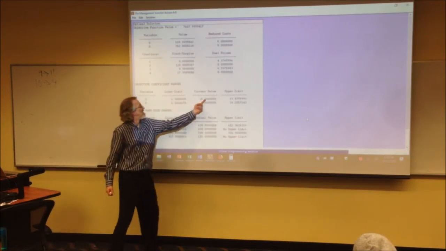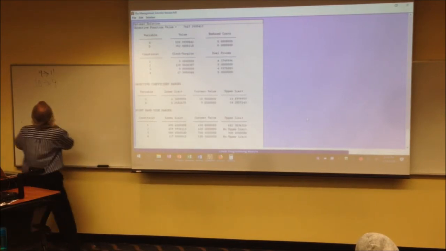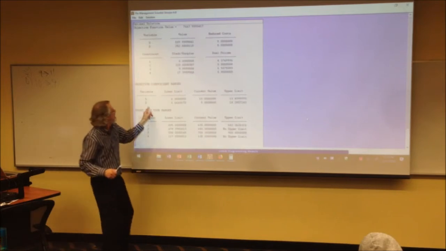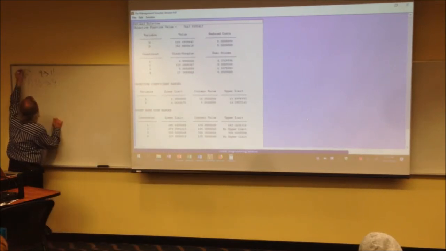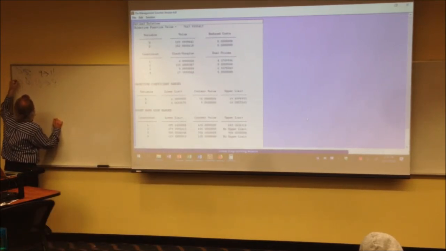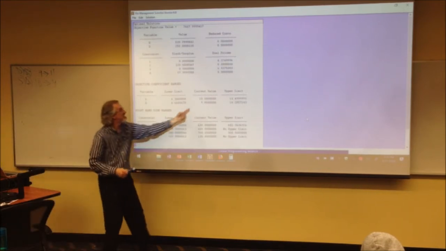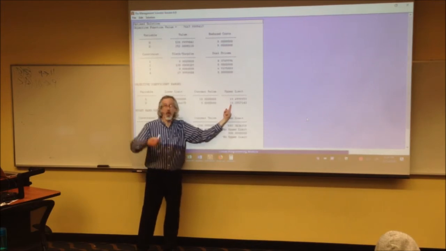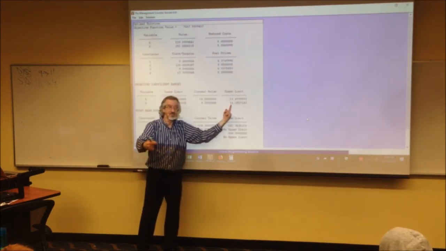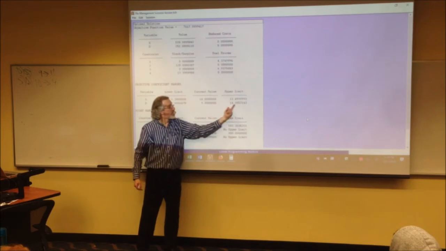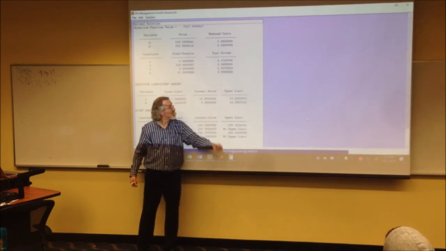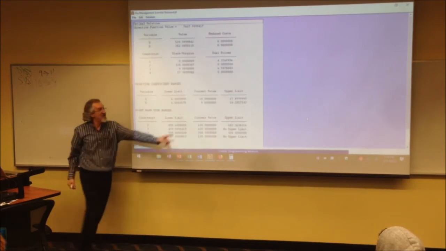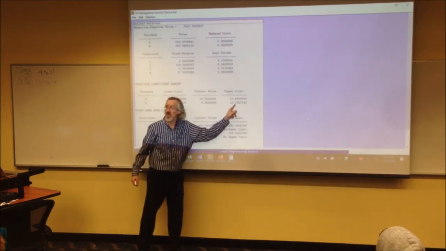For variable D, it's currently $9, but it's going up to 11. The upper limit, or it will say allowable increase, you've got to work that out. The upper limit is 14.28 whatever. It's going to 11. 11 is within that upper 14 whatever, right?